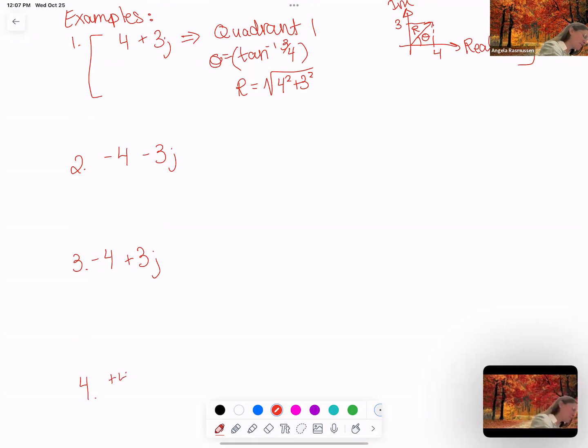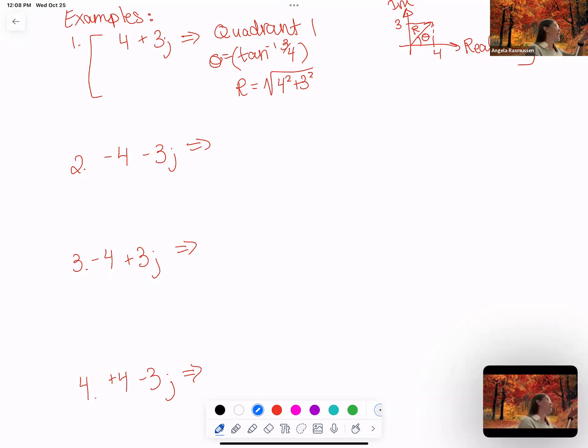Plus 4 minus 3j. So for each of these, I suggest just maybe drawing it until you can be like, oh, this is where it is. Just draw the vector itself. So I would draw each of these vectors and then look at changing them to the polar.